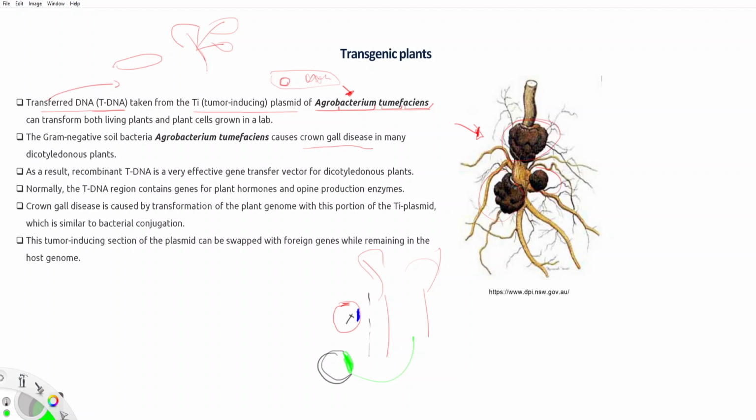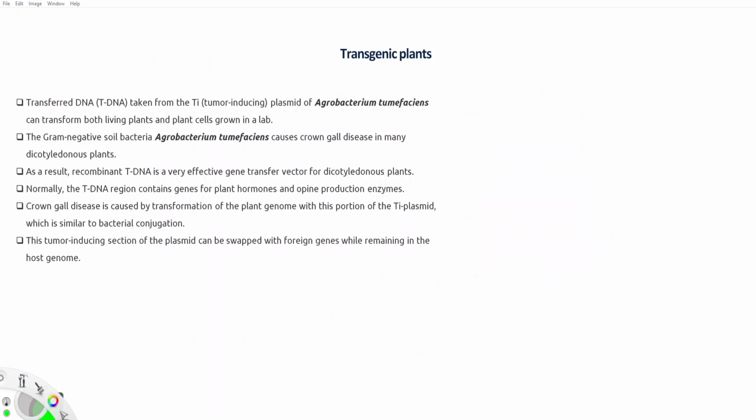Usually you can modify genes such as lycopene so that your tomatoes are not too ripe by the time they get to the supermarket and so forth. So for many biotechnological reasons, you can actually intercept this property. Instead of putting the gene that may cause a disease or this tumor, you can now insert your own gene of interest, and before you know it, you have a very nice transgenic plant.